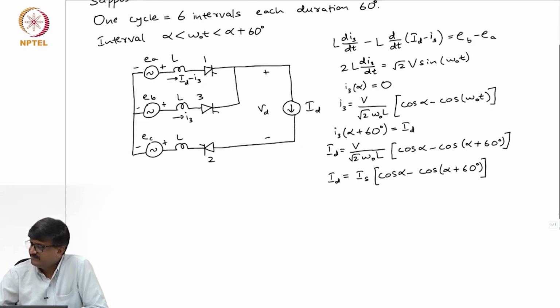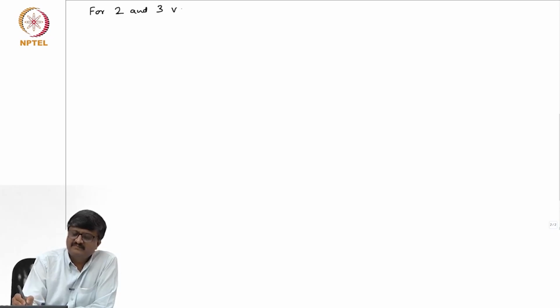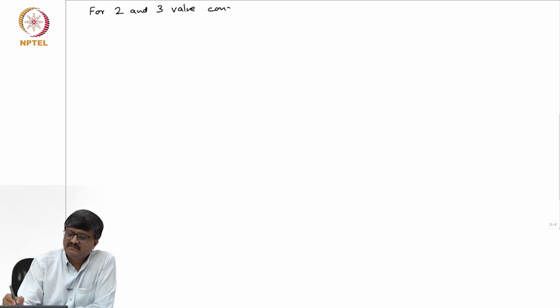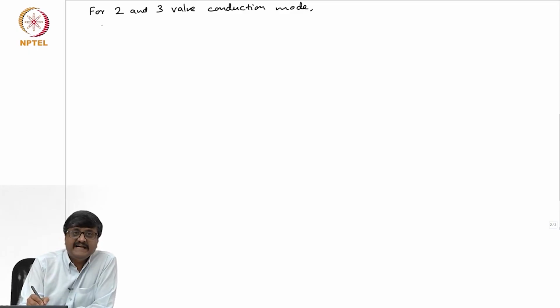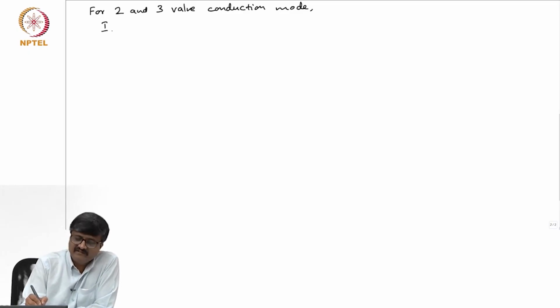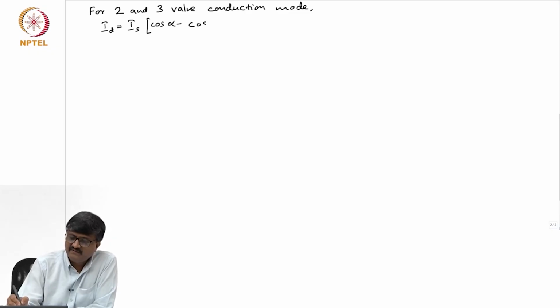So let us take the equations that we already obtained. For 2 and 3 valve conduction mode, we got an equation relating ID, IS, alpha, and U. The equation was ID is equal to IS into (cos alpha minus cos (alpha plus U)).